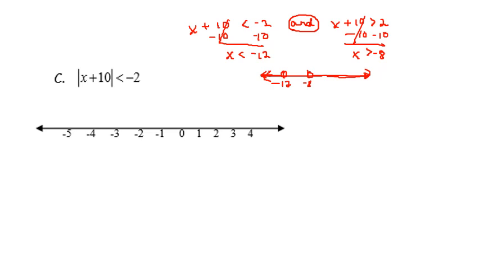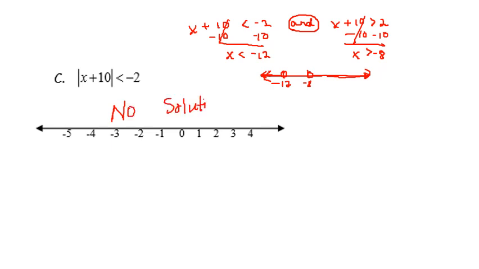Do I have any common shaded area for this one? No. Or another way that you can look at this is, is this the way an AND problem should look? No. So because of those two reasons, that our AND problems do not look like this, and there's no common shaded area for this one, our answer is no solution.